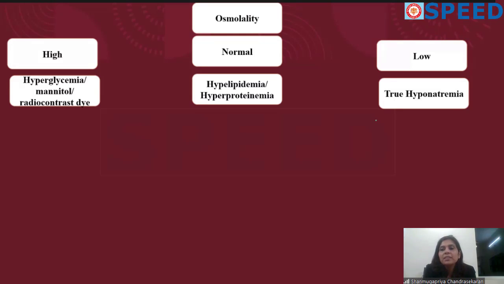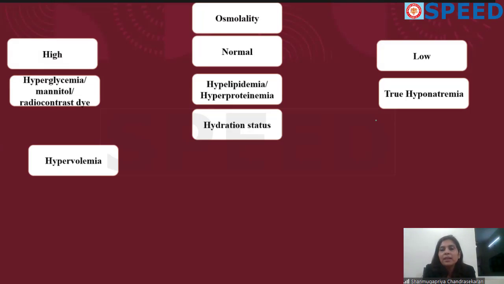If it's true hyponatremia, you should look at hydration status. If hydration status is high, it's hypervolemic hyponatremia. Causes are many, but to find a probable cause, you should look at urine sodium.